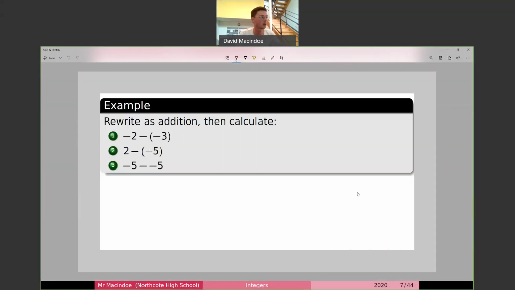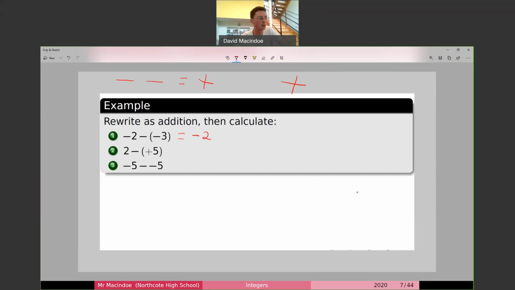Here we are. With these, maybe you're already feeling a bit confident. One way to simplify it is if we've got two negatives next to each other, you think of it that the plus sign really is a negative sign with another line through it. So if you've got two minus signs, that's really the same as a plus sign. You're just rotating one around. Could be an easy way to think about it. So we're going to rewrite these ones as addition where appropriate.